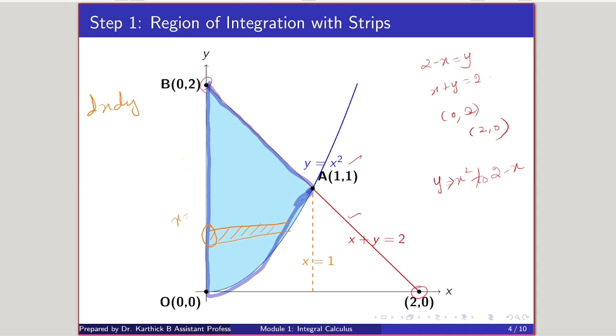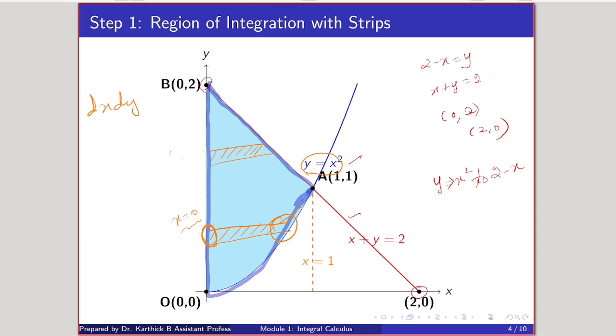So here we first start with the left end. The strip is joined with the line x equal to 0 and the right end joins with the curve y equal to x square. Once if anyone draws a strip here, there is a possibility of getting another region, another limits.